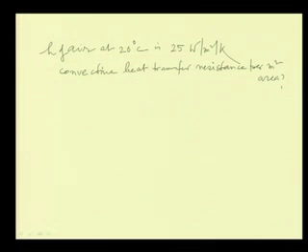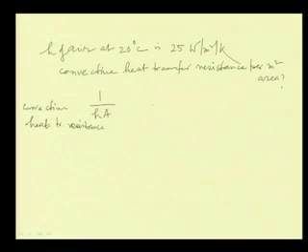So, very simple. We know that the convective heat transfer resistance is 1 by hA. Now, in this case A is equal to 1, so it is basically 1 by h, the convective heat transfer resistance per unit area, per meter square.